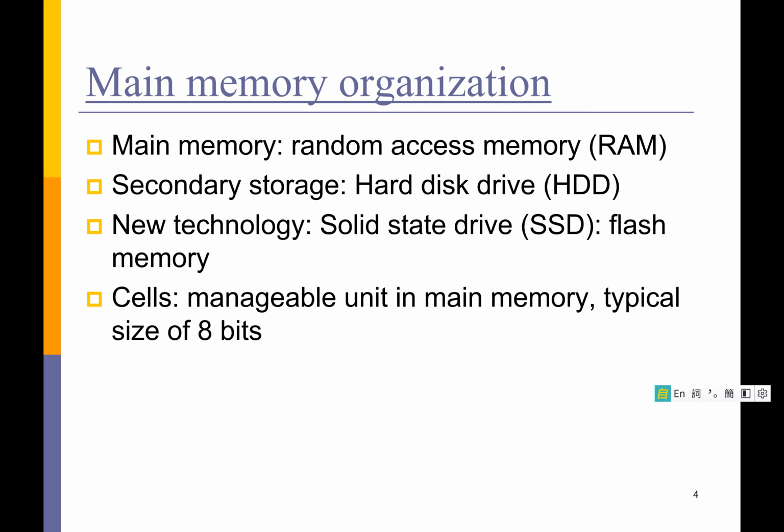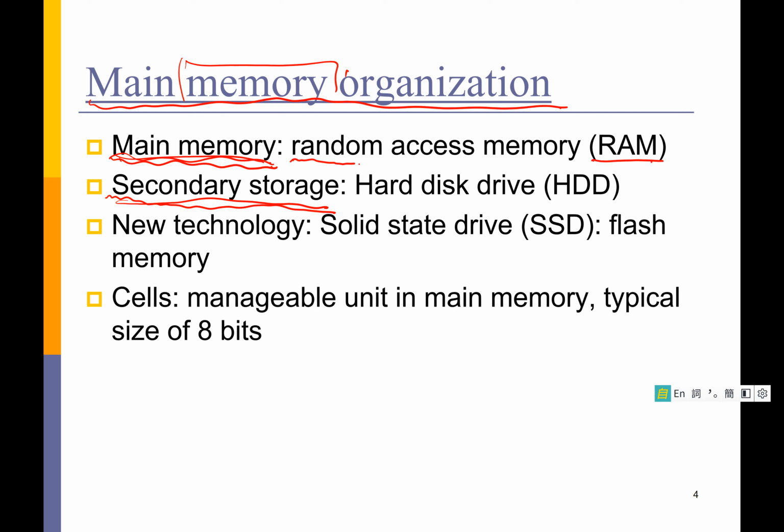Now in the memory organization of a computer, basically we can divide it into two kinds of memory. One we call main memory, and the second kind we call secondary storage. Memory is what we commonly call RAM.